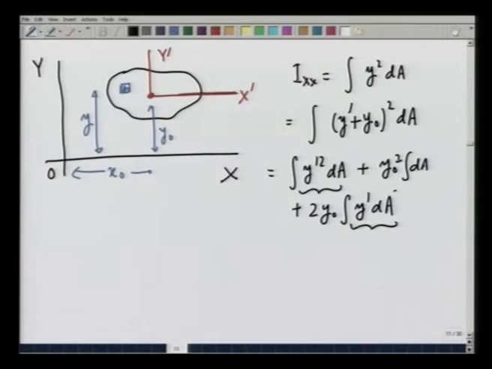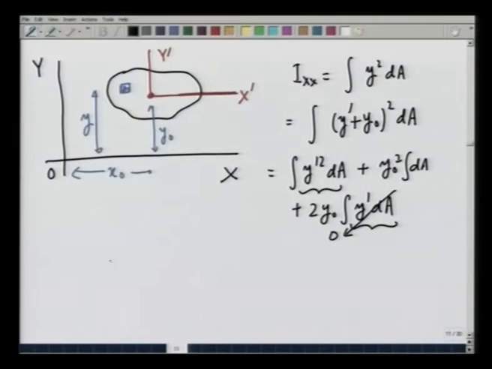So, this is going to be 0. If I calculate the centroid with the origin at the centroid, the coordinates of the centroid are going to come to 0, and therefore, I see that I_xx is equal to integral y prime squared dA, that is I_x prime, plus y_0 squared times the entire area.